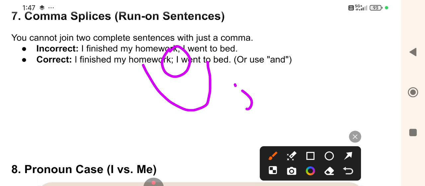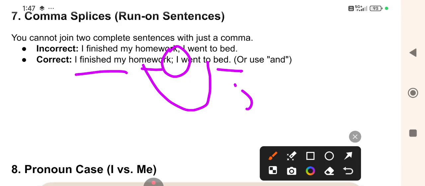There are two works: your homework, and then you went to bed. That is not a listing of similar things. A comma is used for similar things: I invited guests, relatives, and my friends, because these are all invitees.